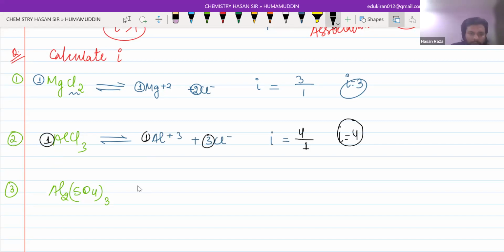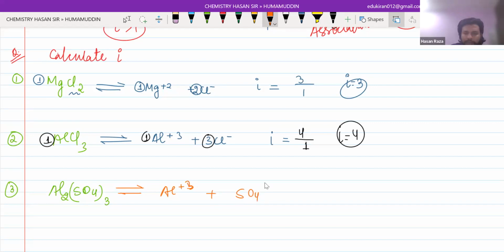Now, aluminum will go into Al3+ and here SO4 2-.